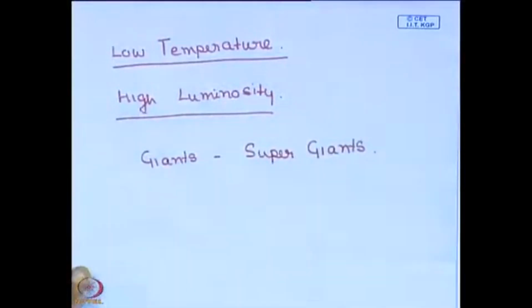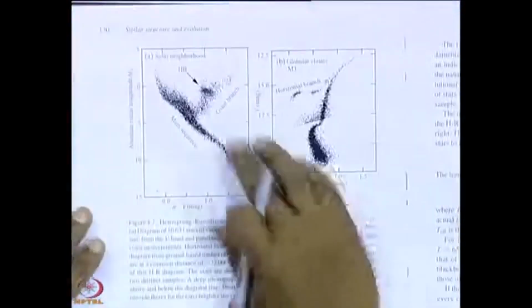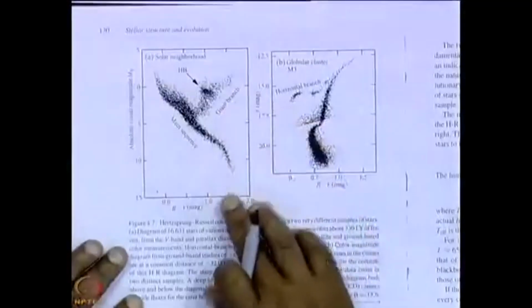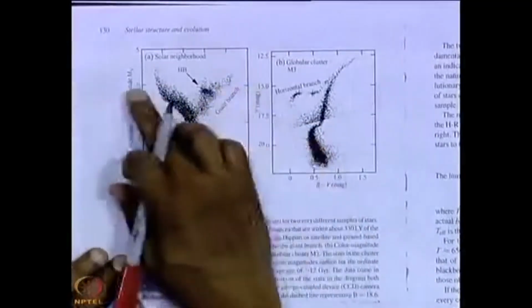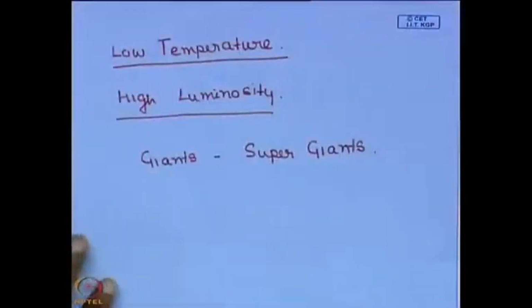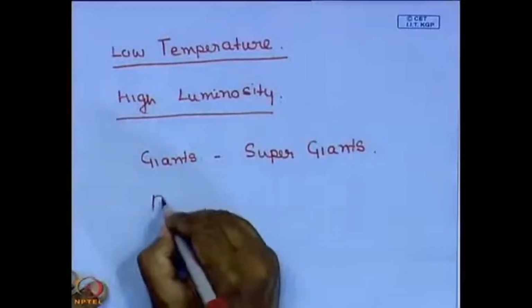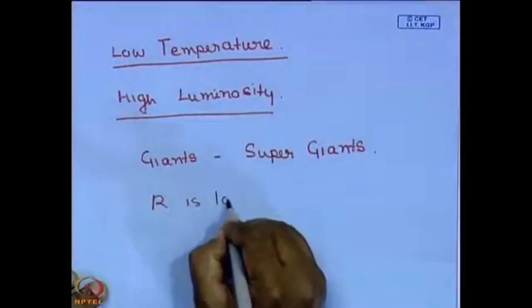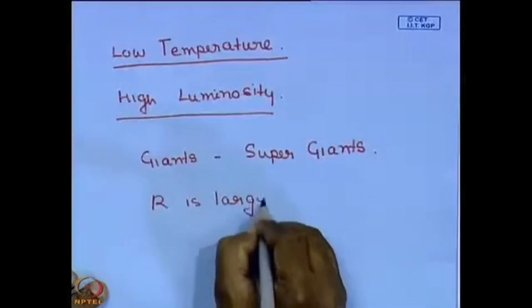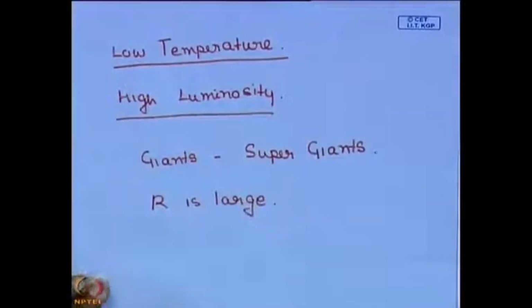Okay, giants and supergiants. So these are stars which are not very hot, but they are extremely luminous. So their radius, the temperature is low, but the radius is large, basically R is large. These again are not main sequence stars.